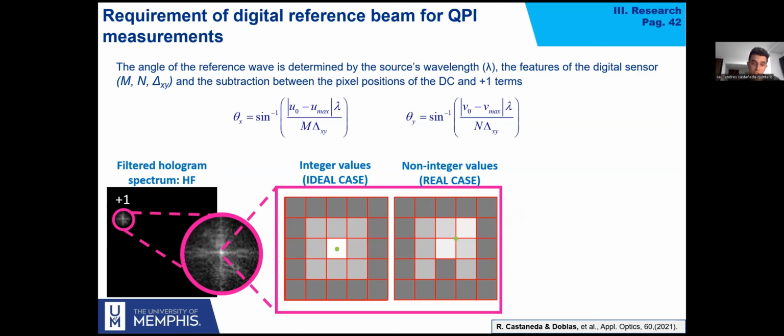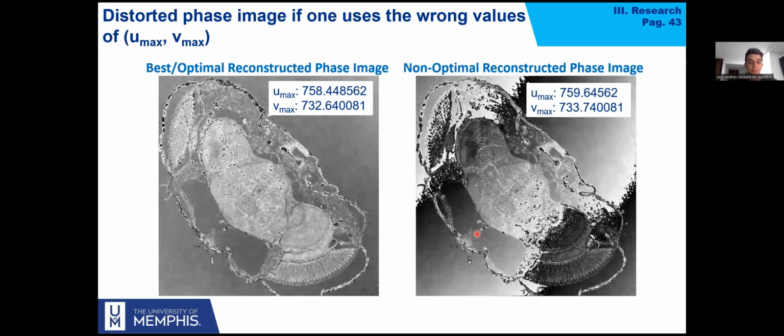However, this is not the real case. Experimentally, this condition may not always be satisfied due to discretization of the digital camera, right? So the most common experimental scenario is that the maximum peak of the +1 term does not accurately represent an interference angle, and this is precisely the problem, and this is the reason why the conventional methods fail.